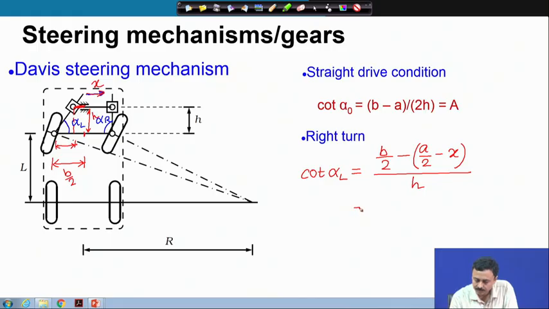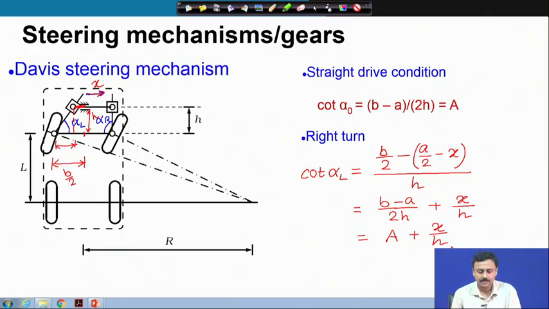So, this becomes b minus a by 2h plus x by h, which is A plus x over h.